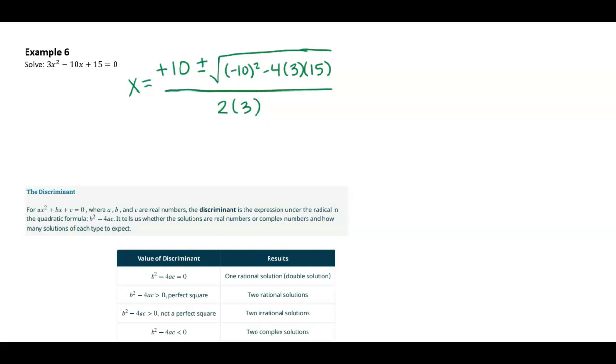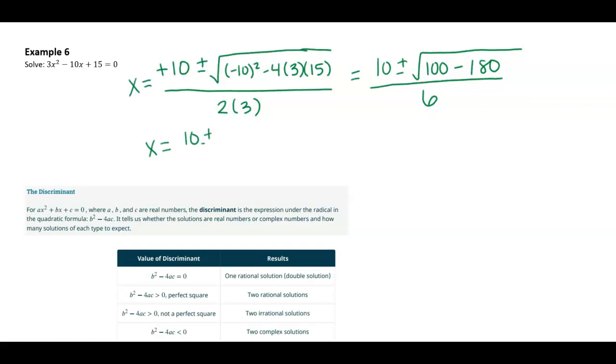All right, let's work inside that radical piece and make sure that we simplify. So 10 plus or minus the square root of 100 minus 4 times 3 gives me 12 times 15 gives me 180, all over 6. When I simplify inside that radical, I get the square root of negative 80.